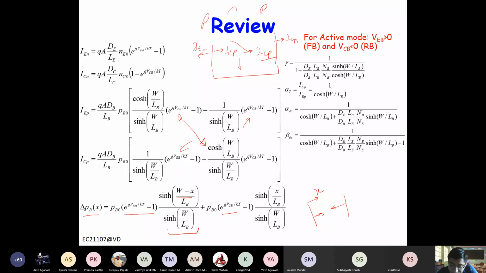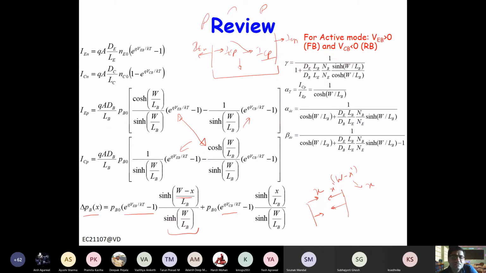For the collector base junction, if you define x prime like this, then W minus x prime will be x. So basically I want to show here that there is quite a symmetry here.